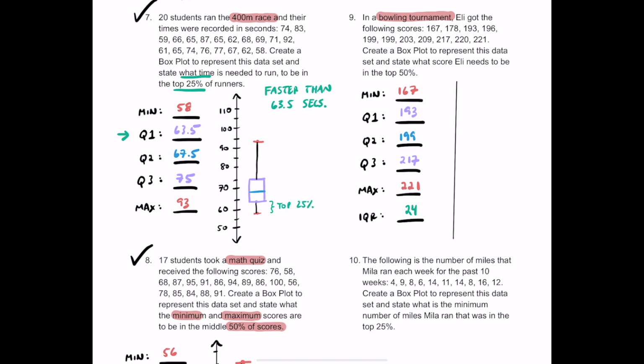And let's see if I can make a quick number line. The minimum was 167, so maybe I'll go with like 160. And 165, we'll go with 170, 175, let's go with 180, 85, 190, 200, 210.